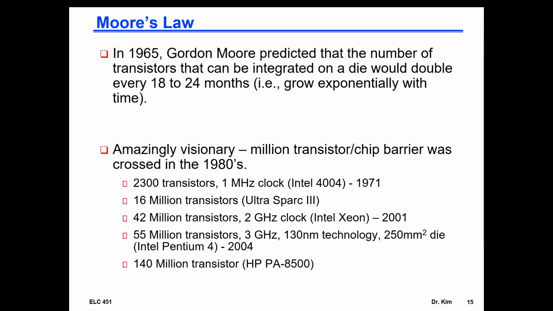Since then, let's look at some data points. 60 million transistors for the UltraSPARC III, in the late 90s. 42 million for the Intel Xeon in 2001. In 2004, 55 million transistors for the Pentium 4, and later the HP PA-8500 processor, 140 million transistors. If you plot these dates and the number of transistors, you can see that Moore's law holds pretty well.